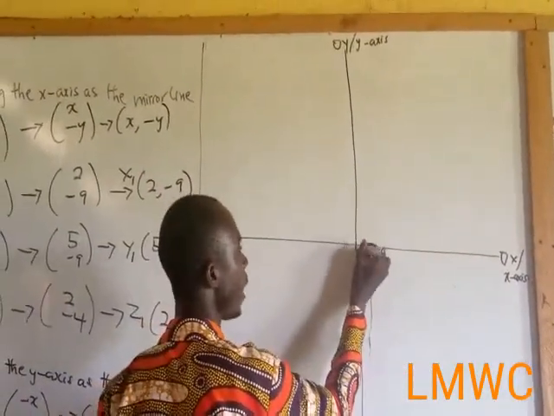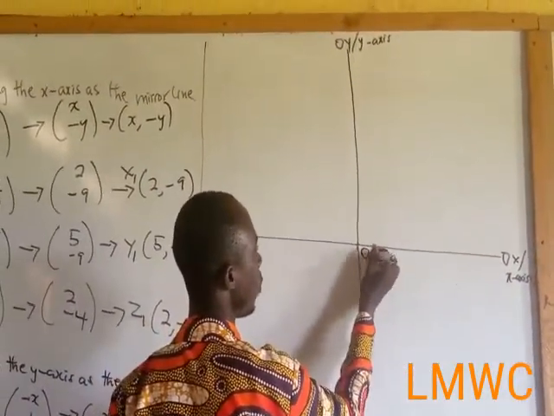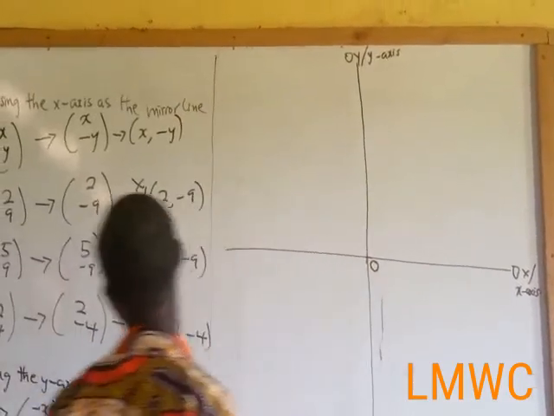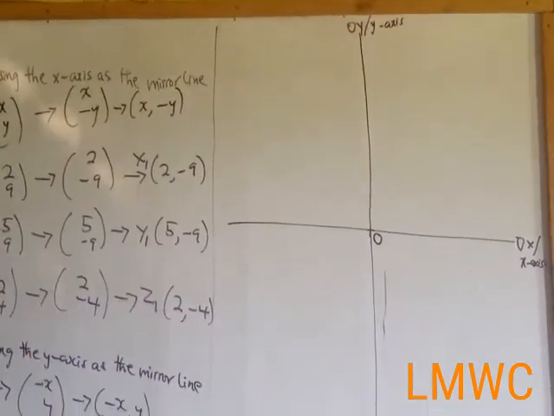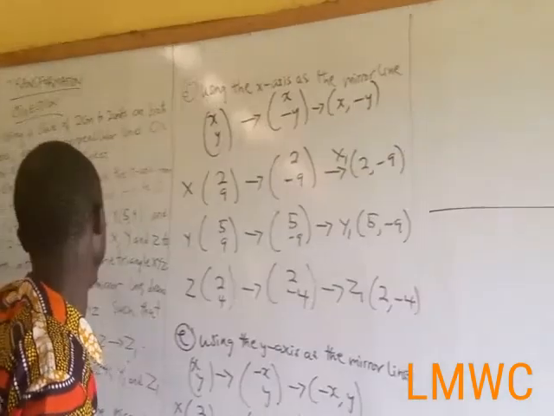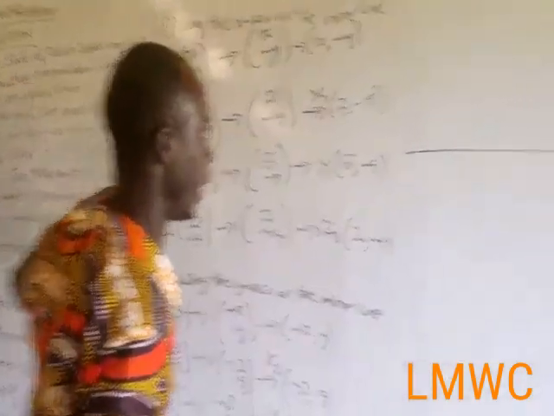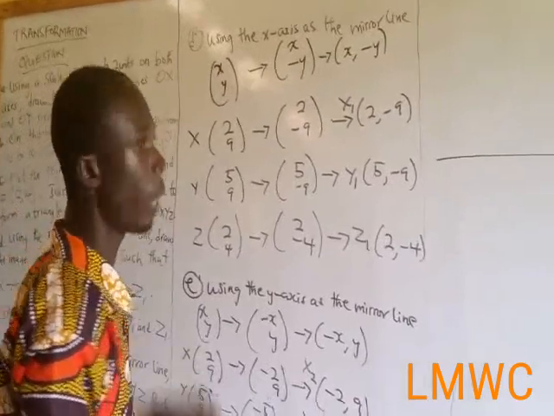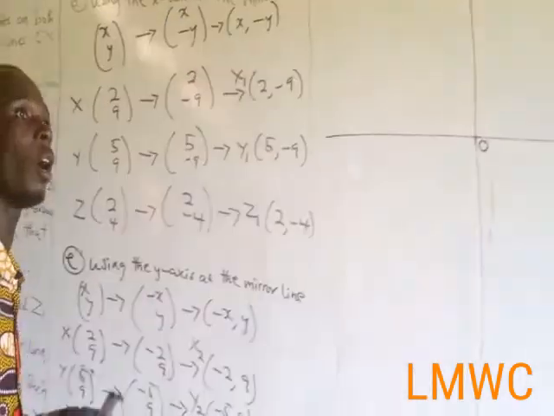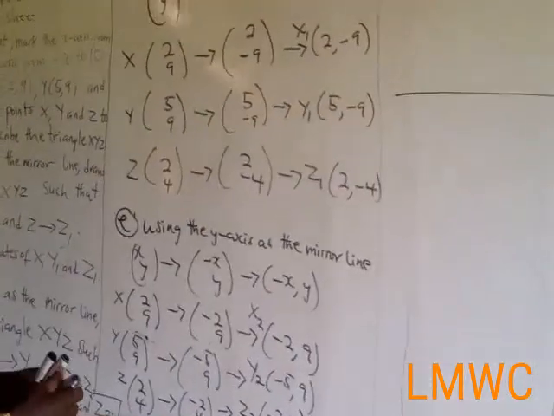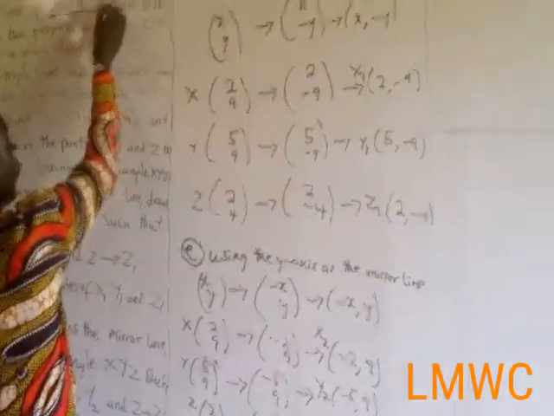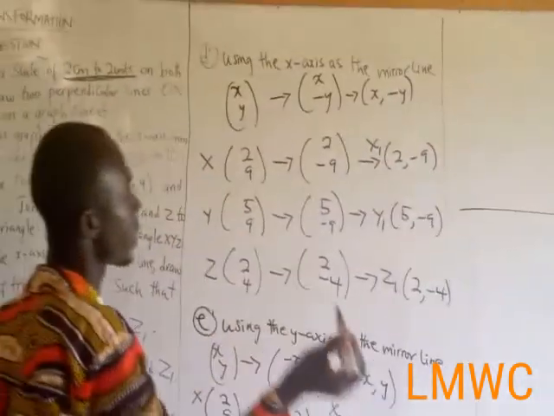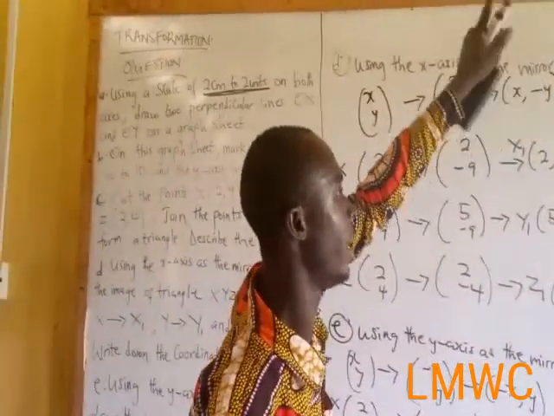Where these two lines are meeting, we call it O or origin. Take note. Now you have been asked to plot these points: X(2, 9), Y(5, 9), and Z(2, 4). But for every transformation, you are always given a scale. You have been given a scale of 2 centimeters to 2 units on both axes. This means on the y-axis and x-axis, you will use the same scale.